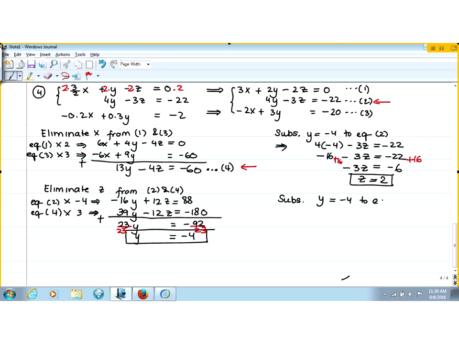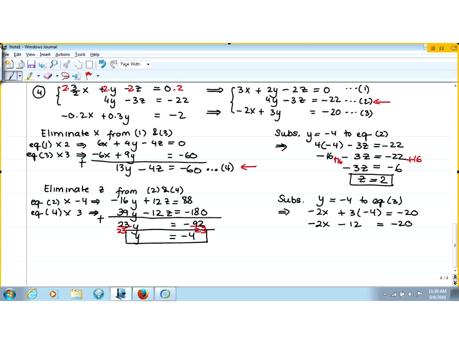Substitute y equals -4 into equation 3. So when we substitute, what do we have? -2x plus 3 times -4 is -20. -2x minus 12 is -20.